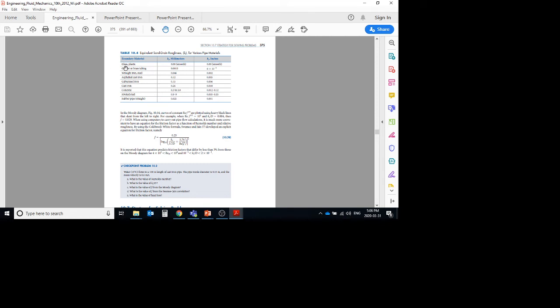So the value of K for glass and plastic you see is almost 0, that means it's smooth. But for irons or something with more friction, it will be way more. For instance, copper is almost smooth, but in the case of asphalted cast iron, it's higher.